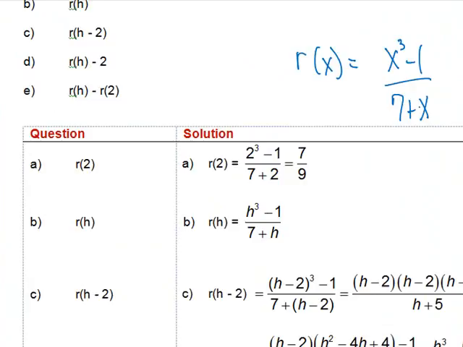So I'm going to take out the x and in each case put h minus 2. So here's my x. So I put h minus 2. Remember, I need to cube it. So I do h minus 2 quantity cubed minus 1. And then 7 plus, and that's where my x was, the quantity h minus 2.